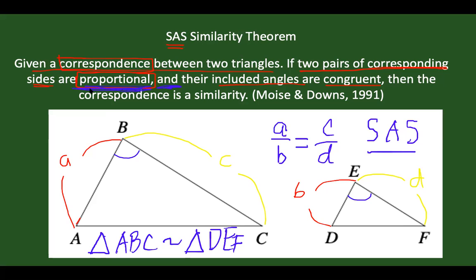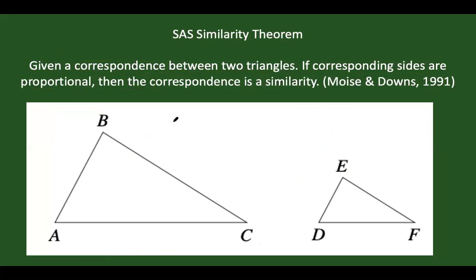Okay, so under congruence of triangles, the sides should be congruent, but for similar triangles, the sides must be proportional, or the corresponding sides must be proportional. So that's the difference between the two. Okay, and I hope it's clear. Now let's proceed to the next, the SAS similarity theorem.